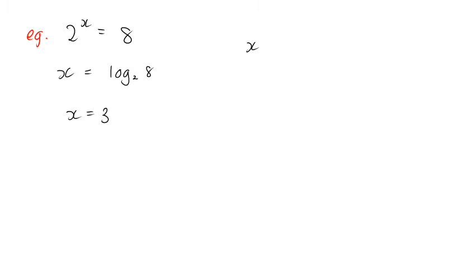Yes, so x log base 10 of 2 equals log base 10 of 8. I don't think you can do that one without a calculator because it's 10 to the power of what equals 8.